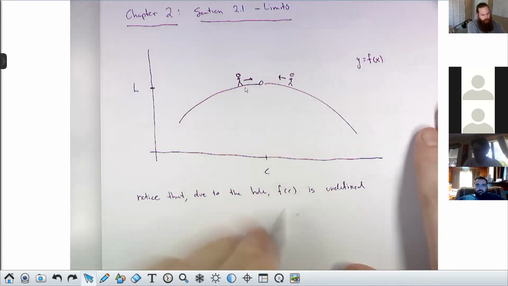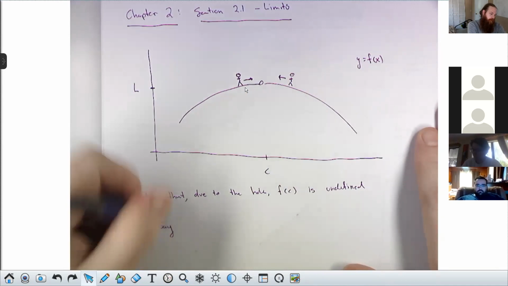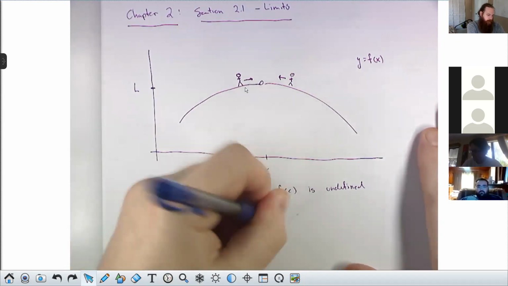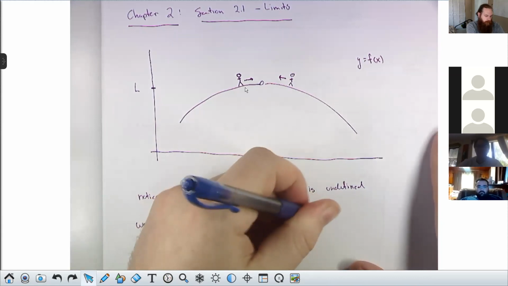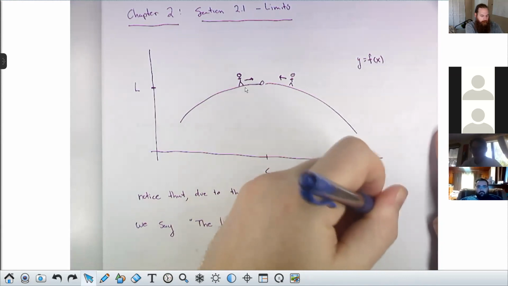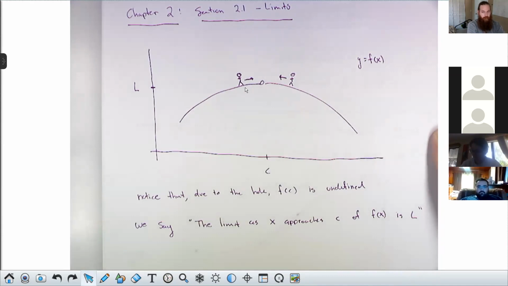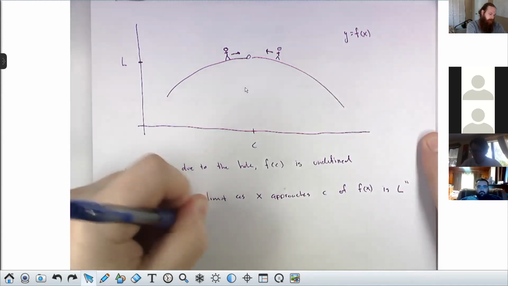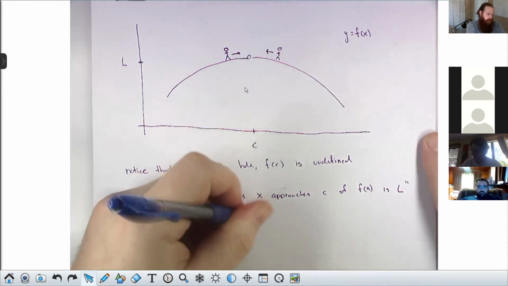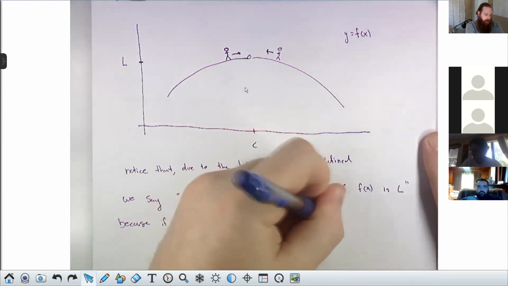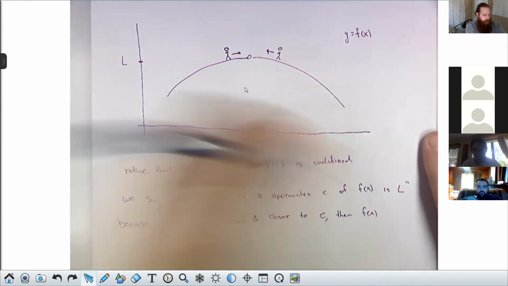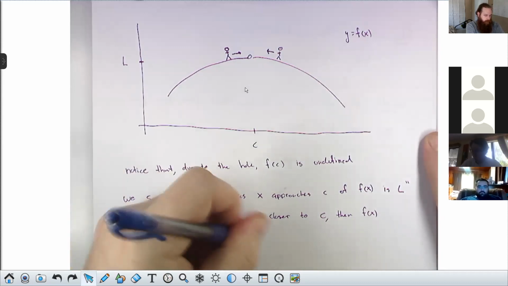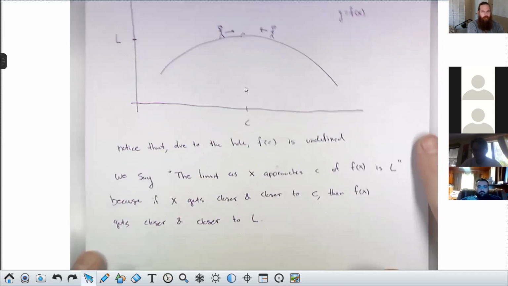So even though f of C is undefined, we say that the limit, and I'll write it out in English here first, the limit as x approaches C of f of x is L, because if x gets closer and closer to C, then f of x gets closer and closer to L. This is the intuitive definition of a limit.